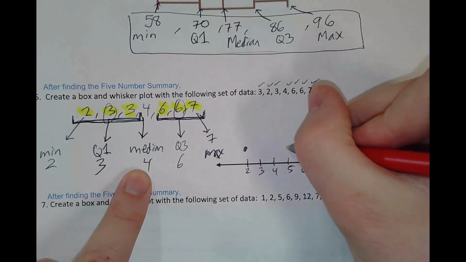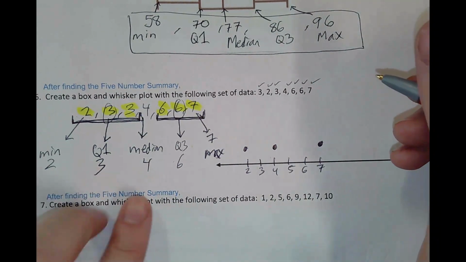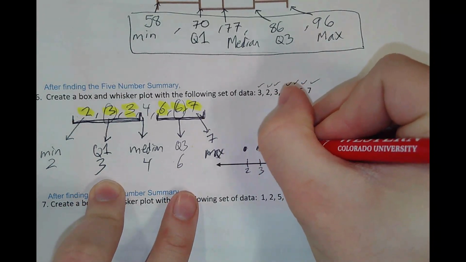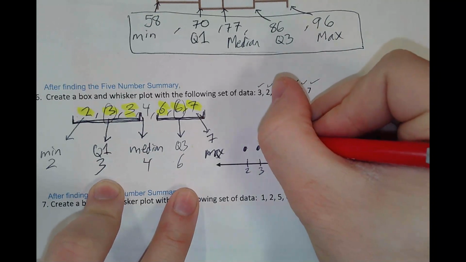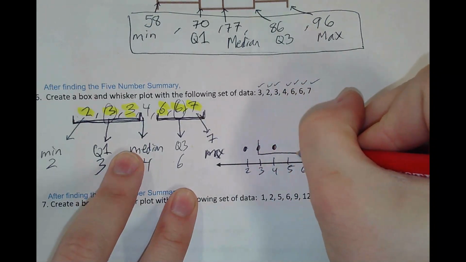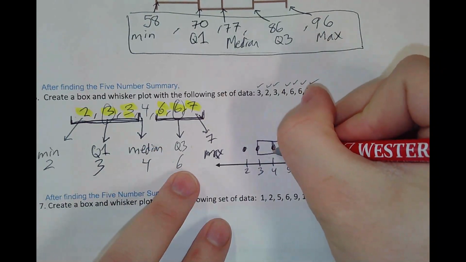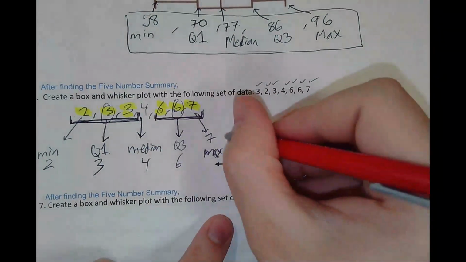Our median was 4. And our quartiles were 3 and 6. So we just have to put a box, a line, and 2 whiskers, and that's our answer.